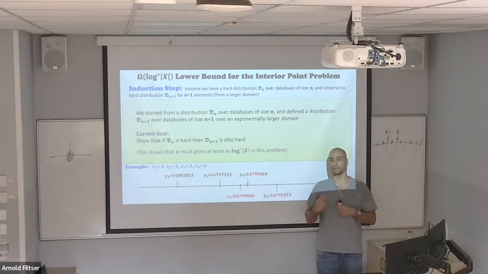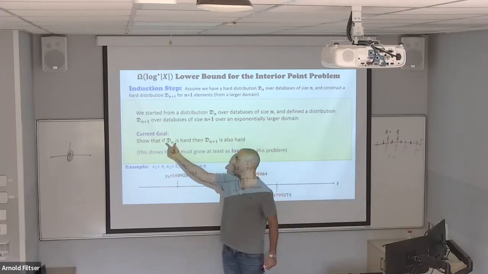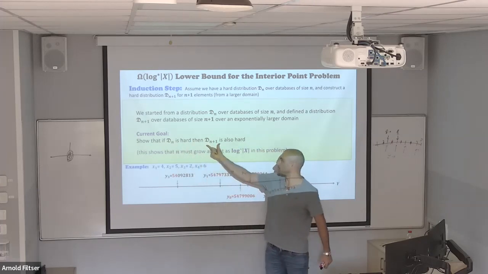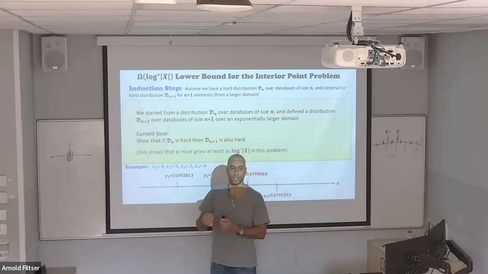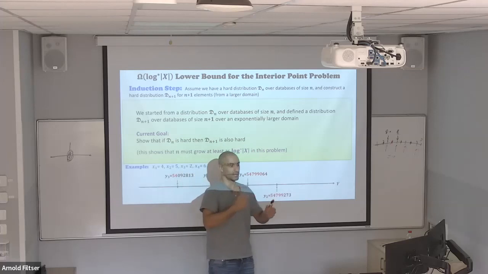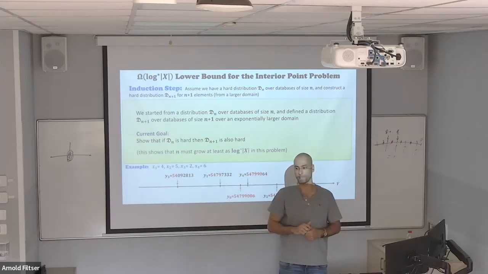We constructed a hopefully hard distribution over n+1 elements from a much larger domain. My goal is to show that if dn is indeed hard, then the distribution I constructed here, dn+1, is also hard. If you could do that, then because n grows by 1 in every iteration and the domain explodes exponentially in every iteration, that gives you a lower bound of log star.